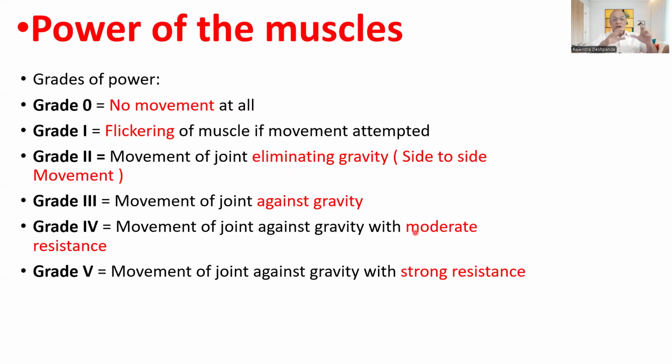This is a moderate type of resistance. Grade 5, normal person, is movement of the joint against gravity with strong resistance. For example, the patient is lying down, the doctor asks him to lift his hand and presses it strongly. So this is all about the power of the muscles, grade 0, 1, 2, 3, 4, and 5.